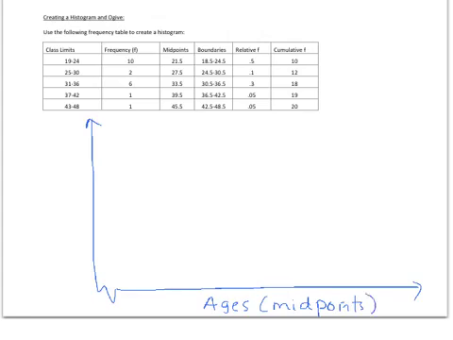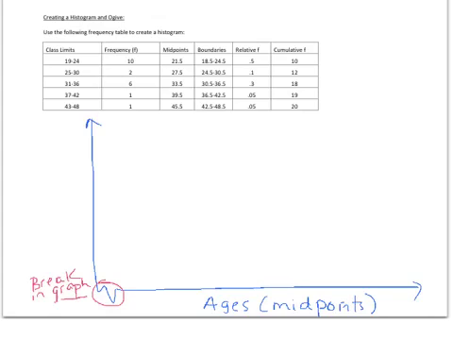The reason I have this over here just means that I have a break in my graph. It means I'm not going to have all the tick marks from 0 to 19, because that would be wasted space. So I'm going to start my midpoints right over here. You can use that when your data doesn't really start at 0.